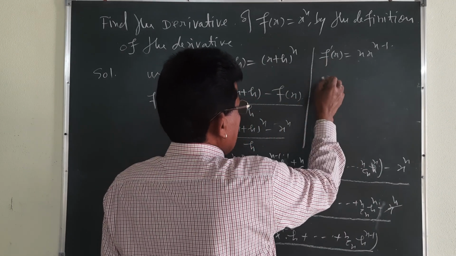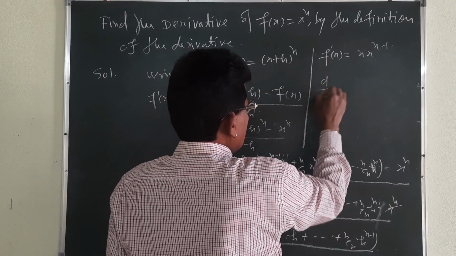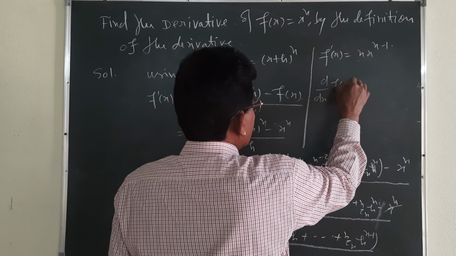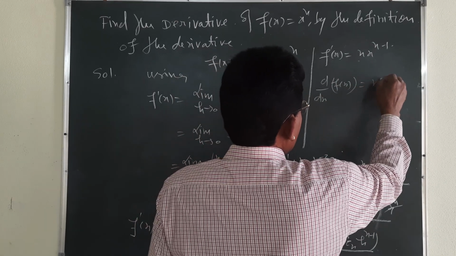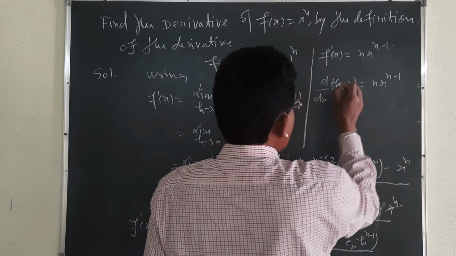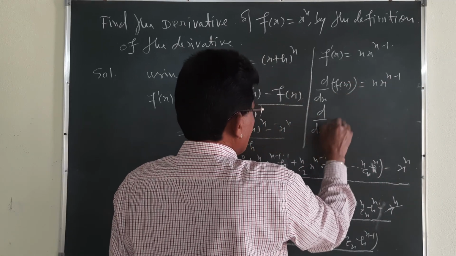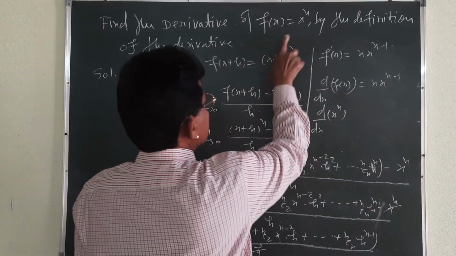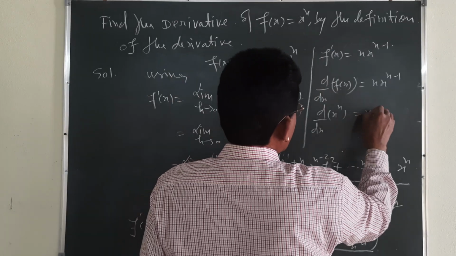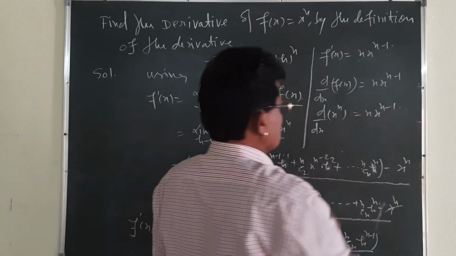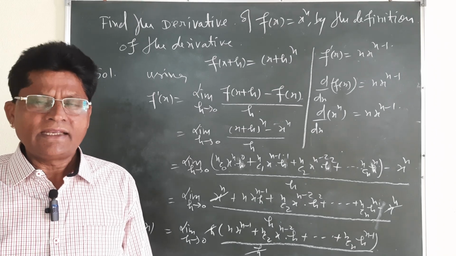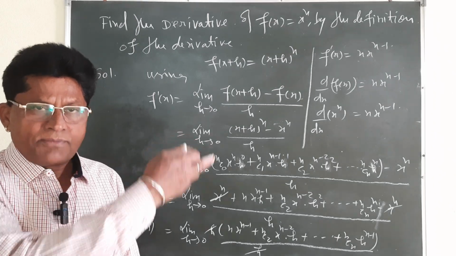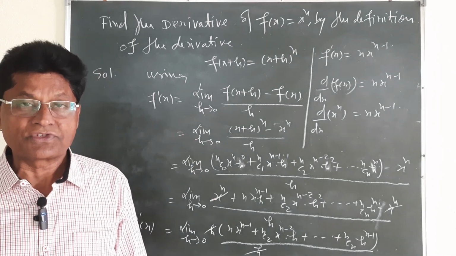What is its meaning? Either you write d upon dx of f(x), and f(x) is x to the power n. It will be equal to n x to the power n minus 1. That is its differentiation. Generally I told you that students commit mistakes in such types of questions.